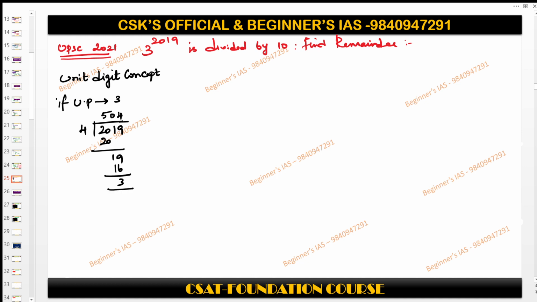So here 3. So now this 3 power 2019 can be written as 3 power 3, isn't it? Since the remainder is not equal to 0. When the remainder is 0, then will you take 0 in the power? No, 4. Yes, fine, very good.